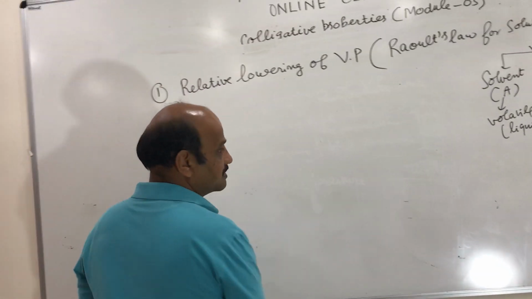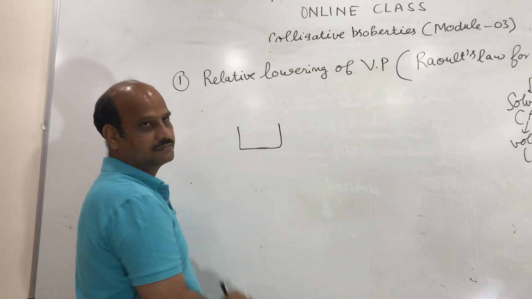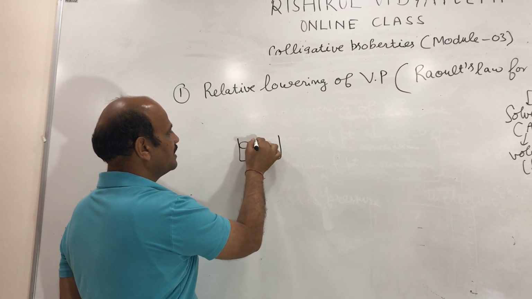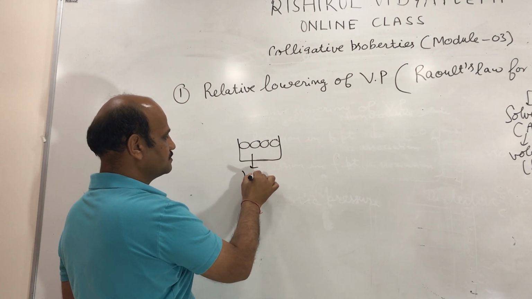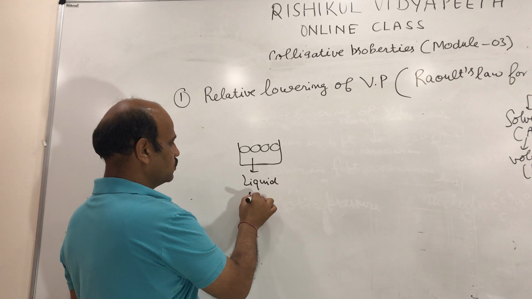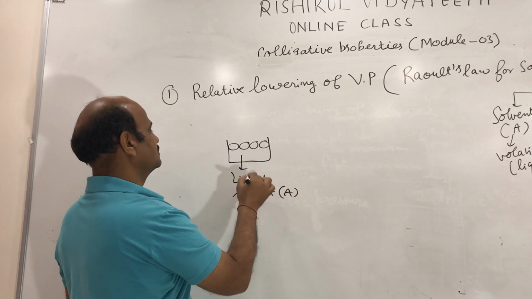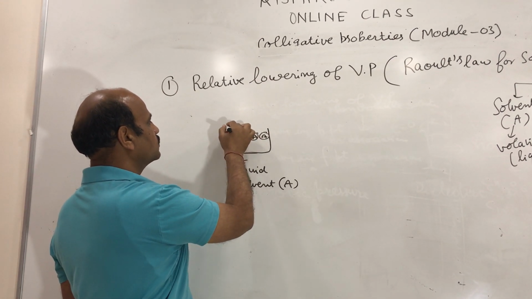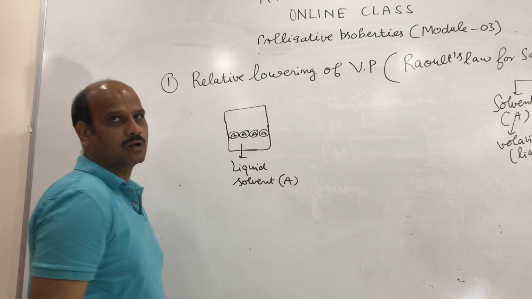We can understand it like this. Here we take a container. In this container, we take the solvent, a liquid, denoted by A. These are the molecules of A, and it is pure now.